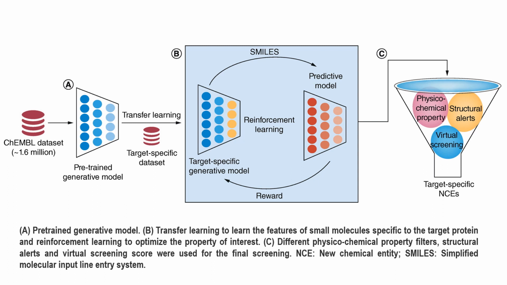So we are altering or skewing the pre-trained generic model. It is generic, not specific. Specific means only for diabetes. So we are altering the pre-trained generic model to find molecules which can address diabetes.